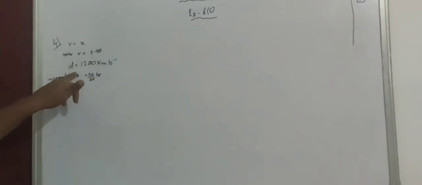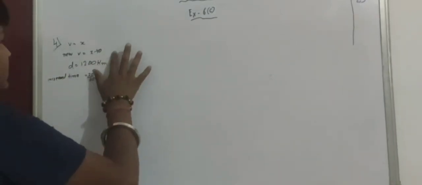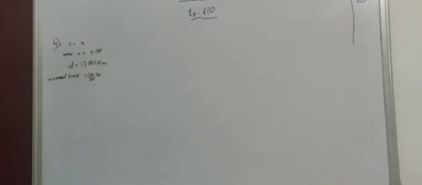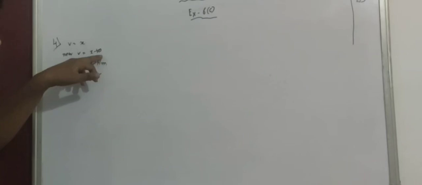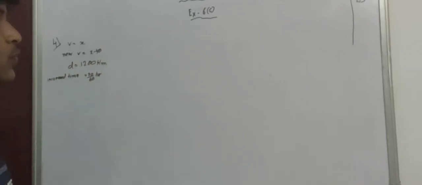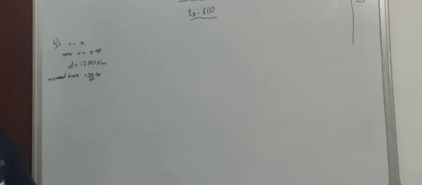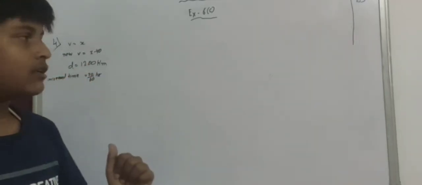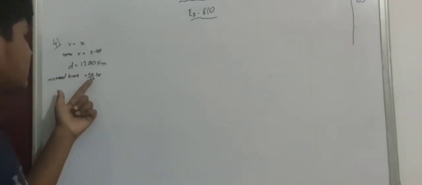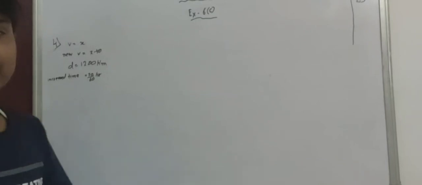The distance to be covered is 1200 kilometers, and after decreasing the speed by 40, the increased time required is 20 by 60. 20 minutes is given, but to convert into hours, because the speed is in hours, we divide 20 minutes by 60, so it becomes hours.